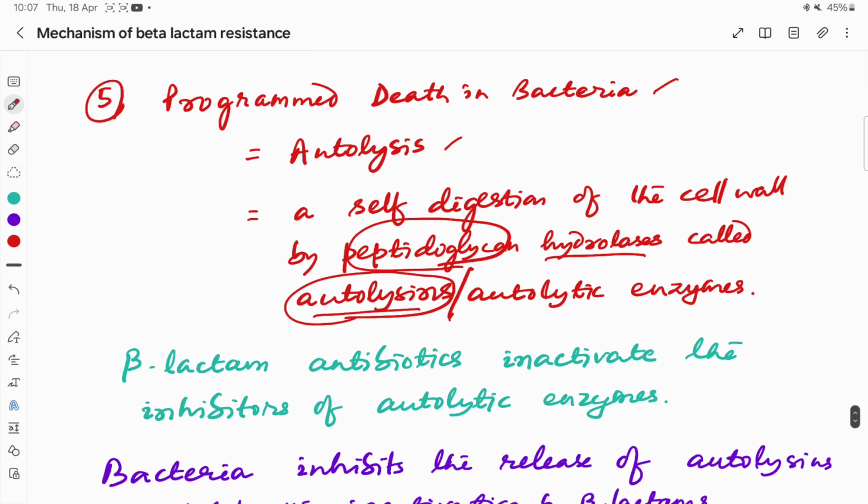However, there are inhibitors of these autolytic enzymes, and another mechanism of beta lactam antibiotics is that they inactivate the inhibitors of autolytic enzymes. So beta lactam antibiotics actually facilitate autolysis of bacteria.